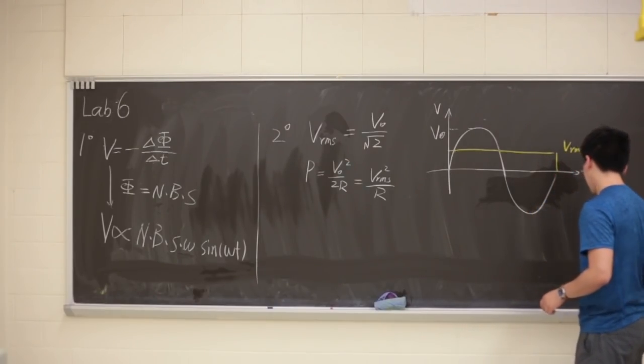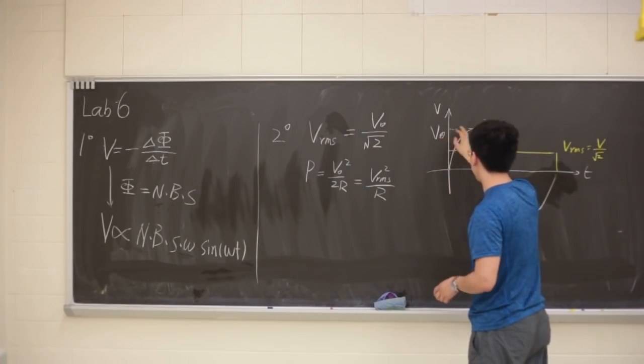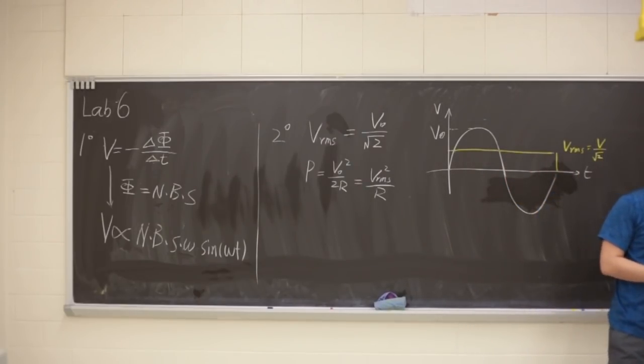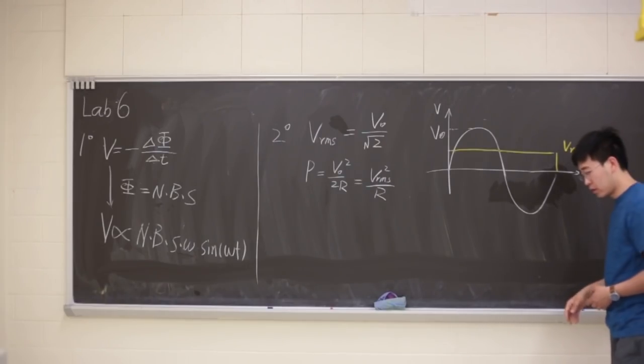Essentially, if you put a light bulb on an AC voltage of V naught, it will shine as bright as a DC voltage of V naught over square root 2. That's what it means for the RMS. If you want the same power but with DC, you just need that voltage to achieve the same power output.